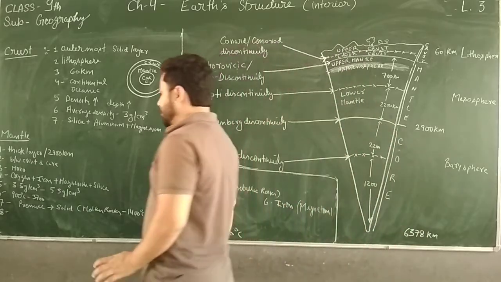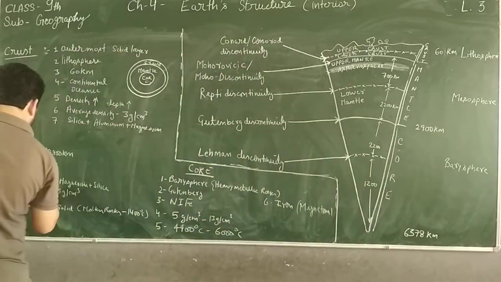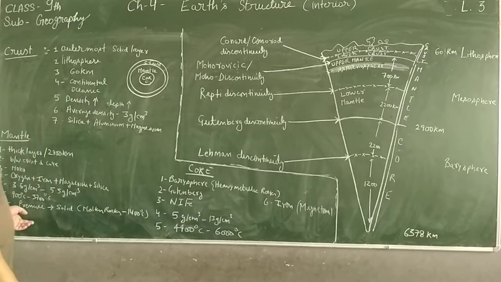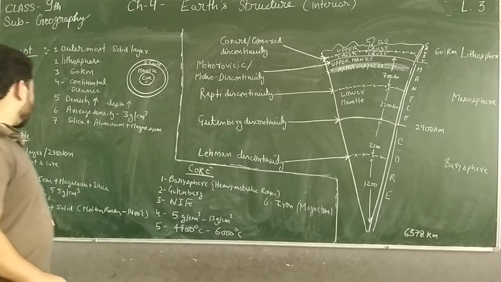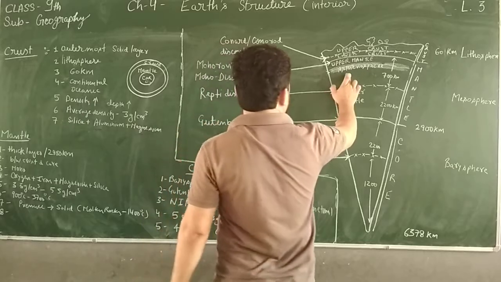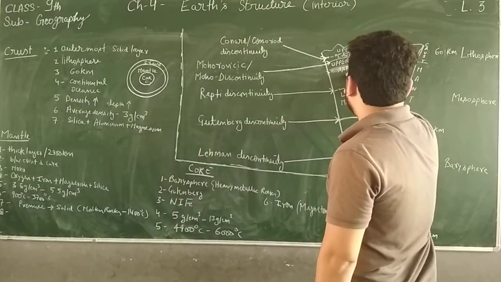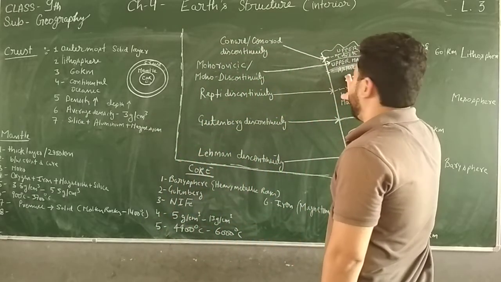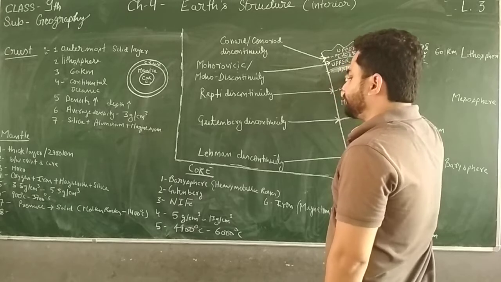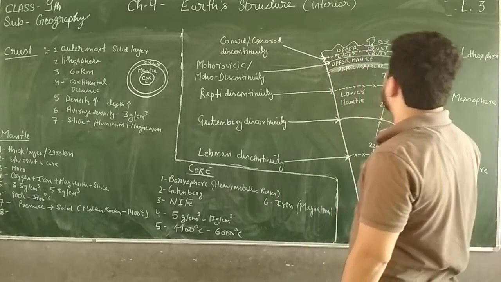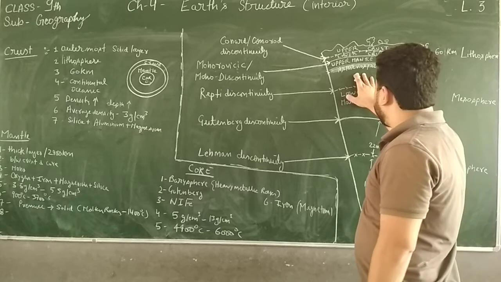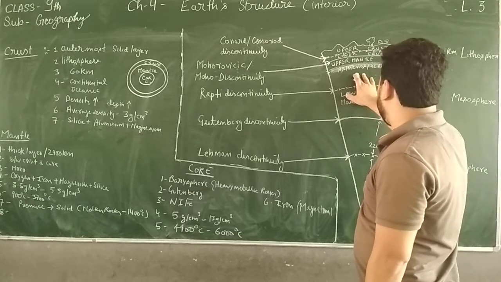9900 degrees Celsius to 3700 degrees Celsius. And then the presence of solid or molten rocks. This is the asthenosphere we are talking about. In the upper mantle we have the asthenosphere, where the rocks are in molten form but still behave as solid.